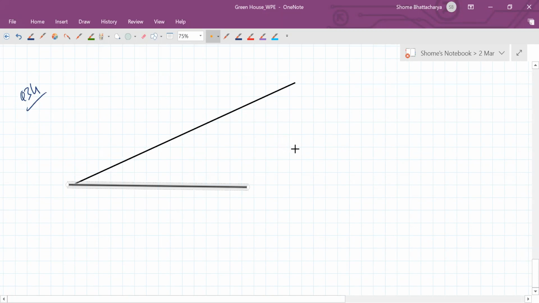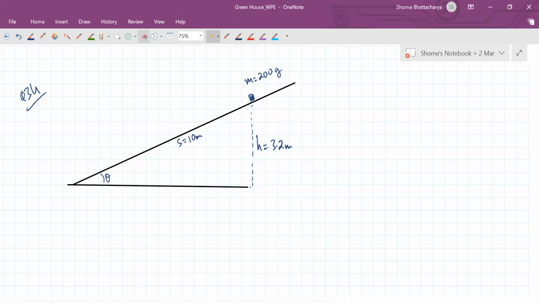So there is this inclined plane, the angle is not given to us, but there's a particle of mass 200 grams kept at the top of the frictionless inclined plane, which is 10 meters long and 3.2 meters high. So this height is given to us as 3.2 meters, and this length is given as 10 meters.